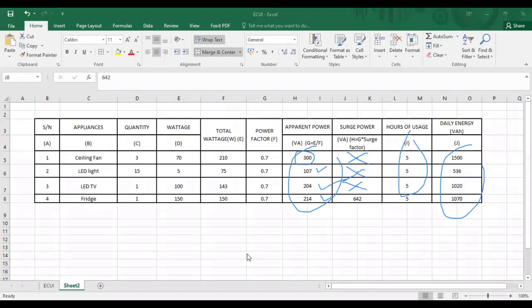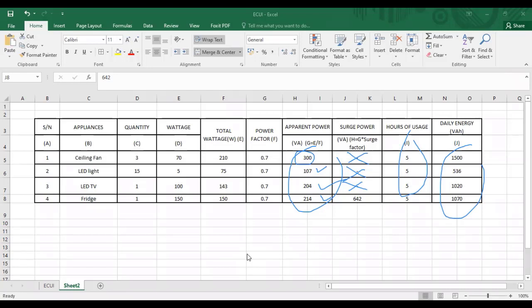Surge power has to do with the increase in consumption as a result of the composition of the device, in terms of what kind of load the device is. Is it a resistive load, capacitive load, or an inductive load? Most inductive loads, for example a transformer, have coils of wire around a magnet.